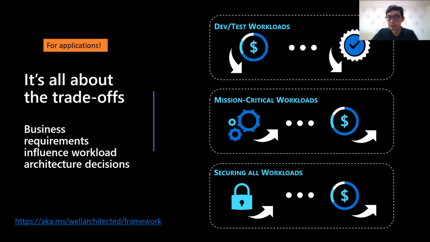For mission critical workloads, it may come at an expense of the cost pillar. The cost may increase, but improving the performance of this pillar is mission critical. So that's how you adjust the levers. For securing all workloads, this may be necessary.